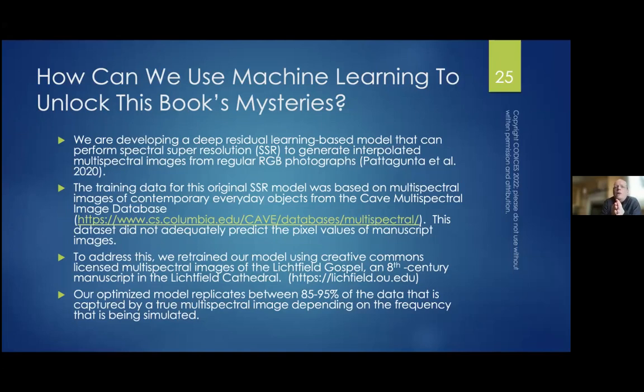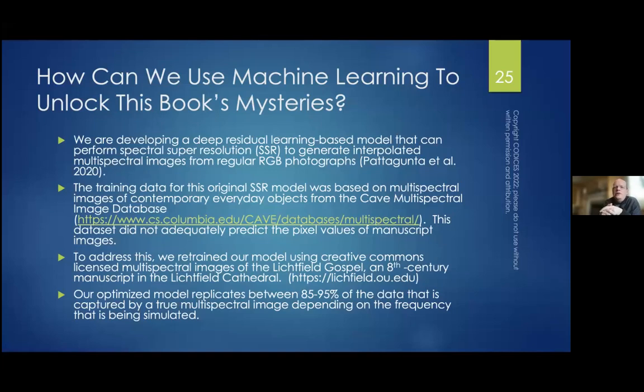When we started doing this, there's an image data set called the CAVE Multispectral Image Database, a database of everyday objects that they've taken multispectral images of, and so you can use that to train the model.